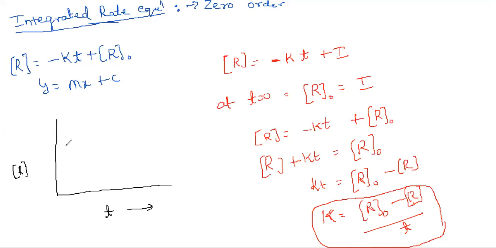Here the intercept C is going to be R naught, and the slope is minus K. You can see here the slope is minus K. So K will be equal to minus slope.